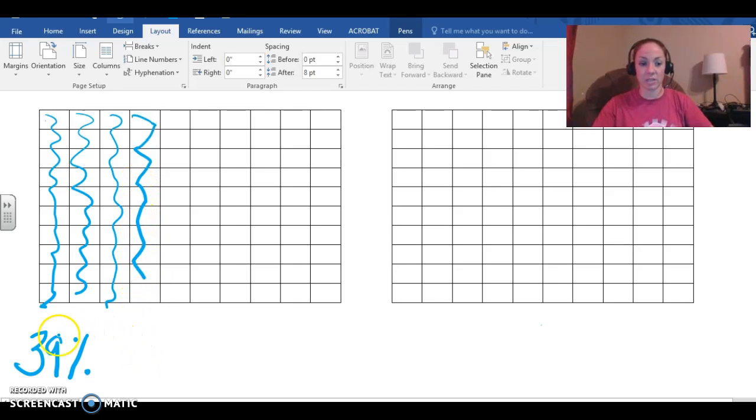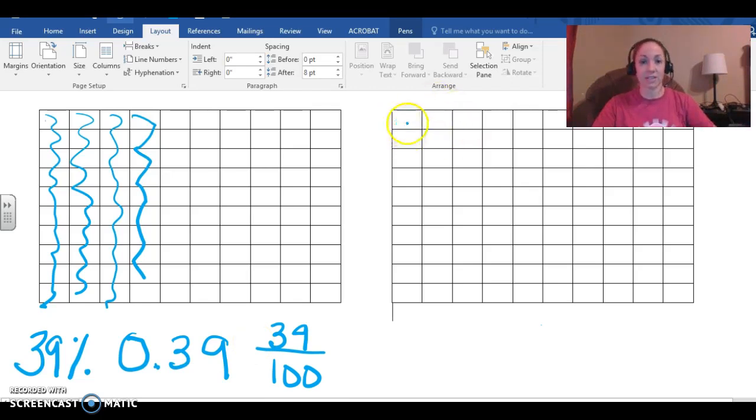There's 39 of our boxes, so we have 39%. To find the decimal, all we do is move the decimal point over 2 places, so we then have 39 hundredths, and we can also show it in fraction form as 39 over 100, just like that. Are you guys seeing the connection here?